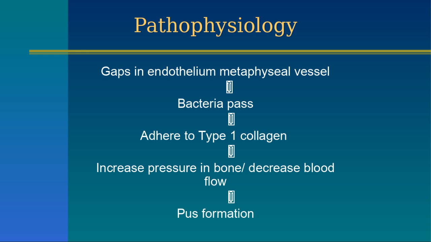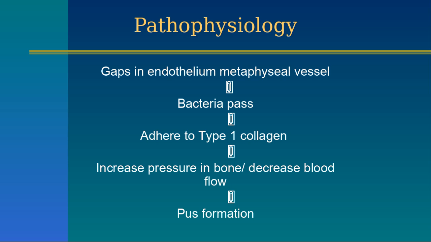Pus formation would be the dead debris from the inflammatory cells, the bacterial elements, and so that inflammatory, infected milieu that's forming there would be that purulent material that would form over time we call pus.